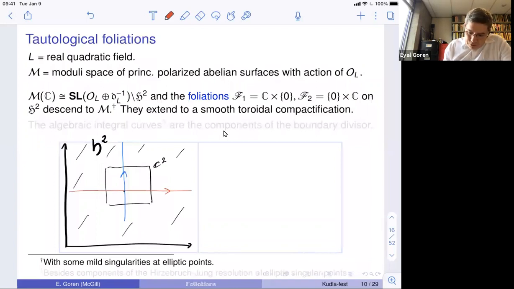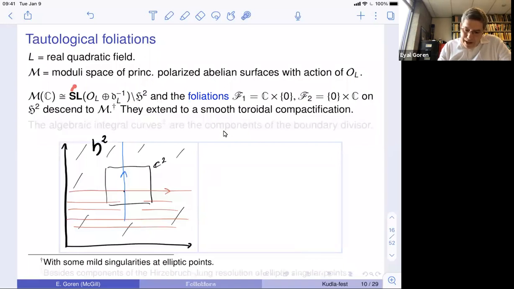If you want to draw all the leaves for the red foliation, they're all parallel to one of the axes. And because of the way this group acts, those foliations descend to the quotient and give you a foliation on the Hilbert modular surface.